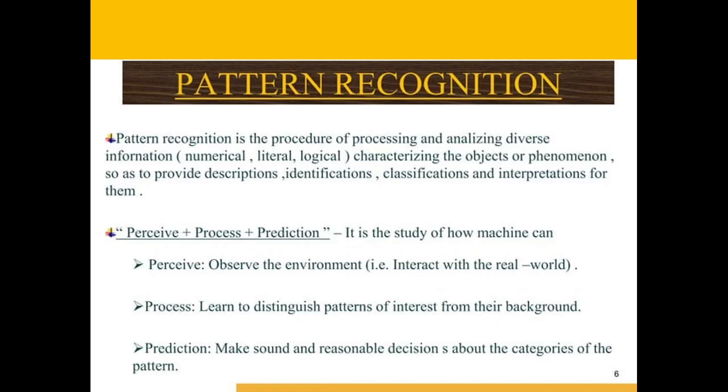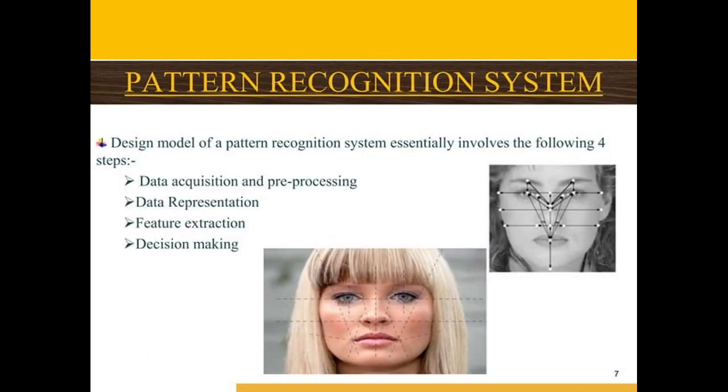Pattern recognition is the procedure of processing diverse information characterizing the objects or phenomena so as to provide descriptions, identifications, classifications and interpretations. This is how a machine can perceive, process and predict.